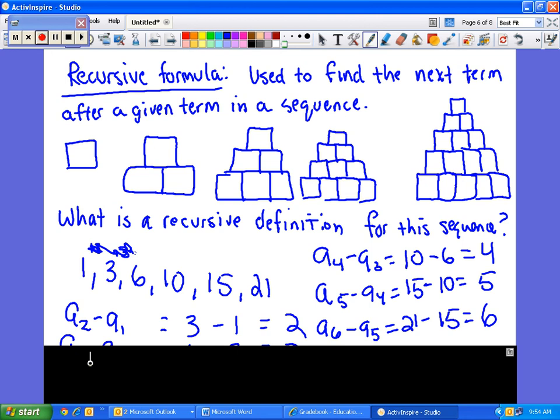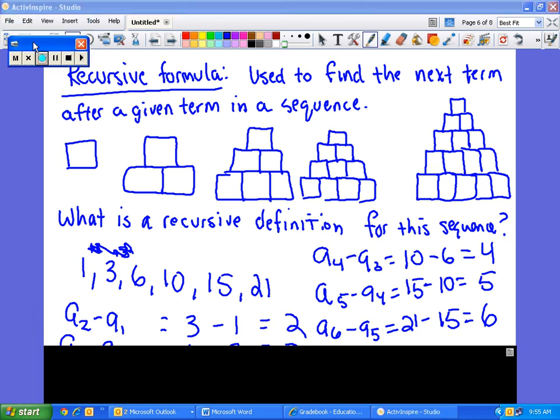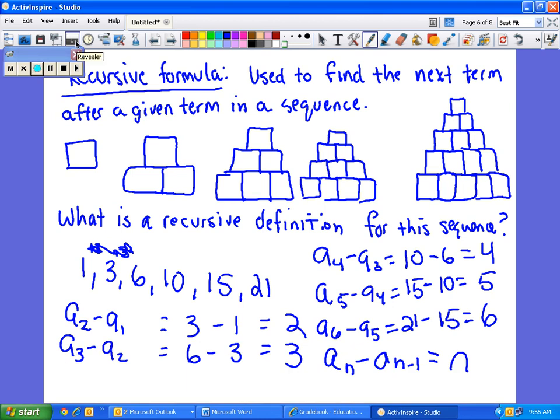You take the value of the second term and you subtract from it the value of the first term. So the value of the second term is 3. The value of the first term is 1. 3 take away 1 is 2. I don't think you need to draw the boxes. I would just write down the numbers.